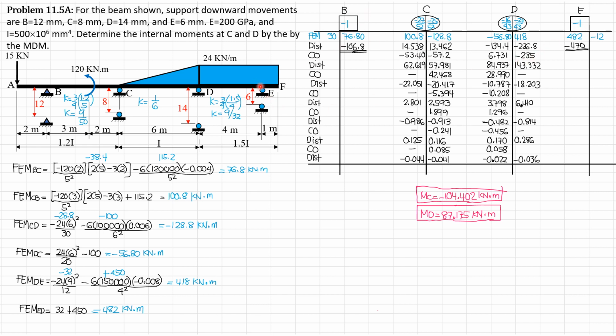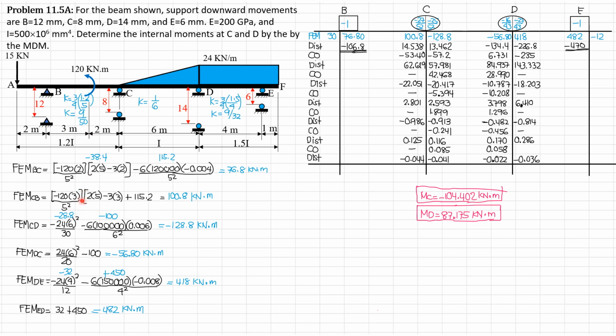At E also, there's only one member, only DE. So imagine, remember that I cut that, the overhang is removed and transmit the loading and equivalent couple. So -1.